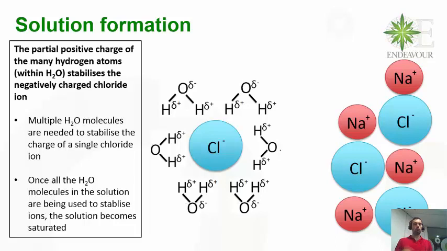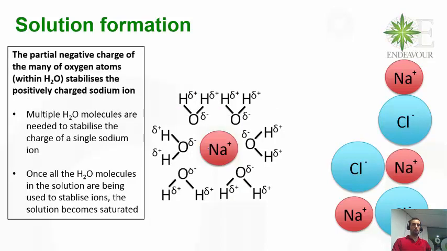So once all of the ions have been taken away from the sodium chloride and have separated, what's actually happened is the sodium chloride has dissolved into solution. So in each case, we need multiple water molecules to stabilize the positive or negative charge of the ions that were part of sodium chloride.